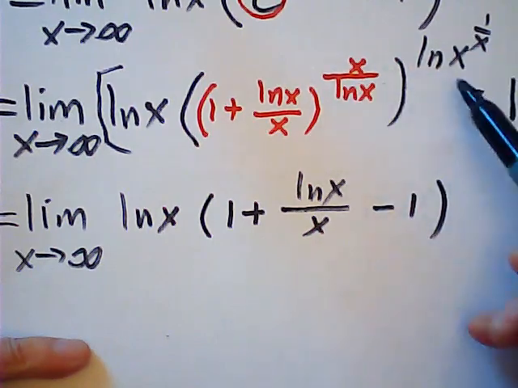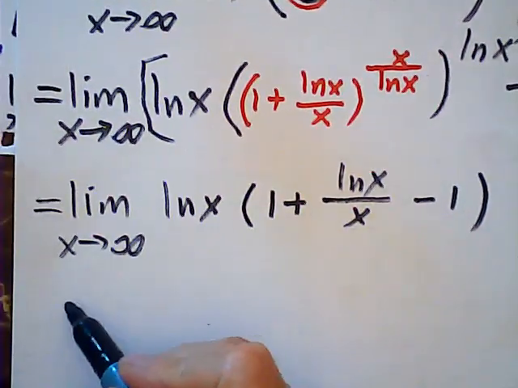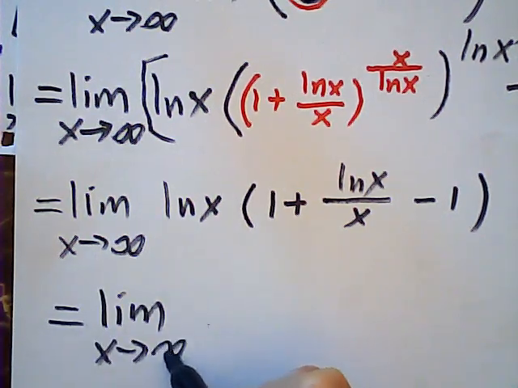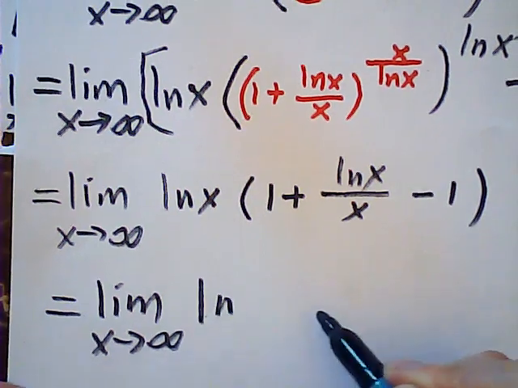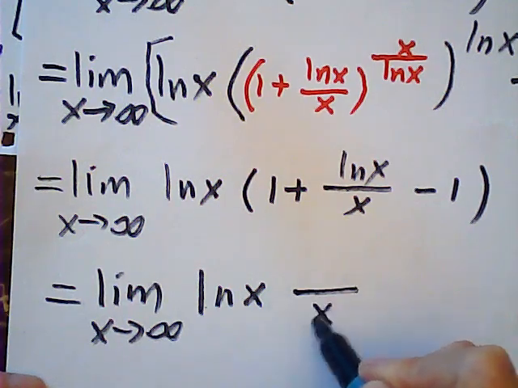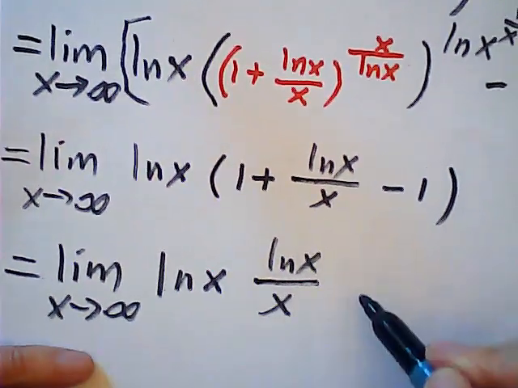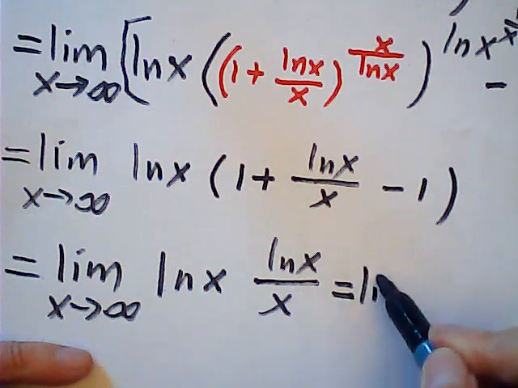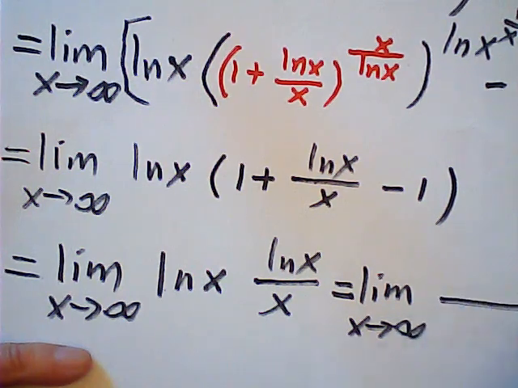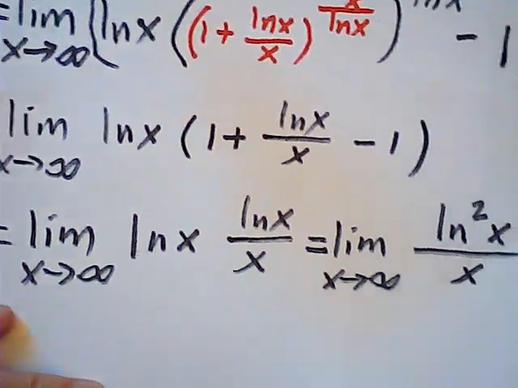Because you see, cancel that becomes 1. So this becomes the limit of natural log x times natural log x over x. So it becomes the limit as x goes to infinity of (log x) squared over x.